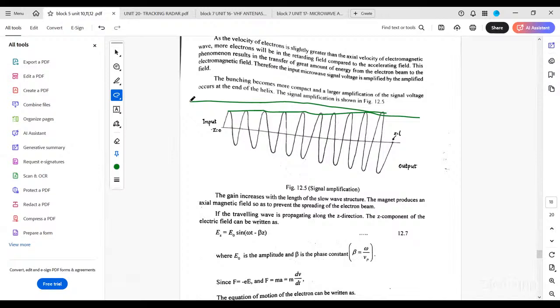Tip point. So from the initial position to final position, signal is accelerated. Accelerated అయింది. ఇక్కడ కూడా చూడండి. స్పీడ్ వస్తుంది.